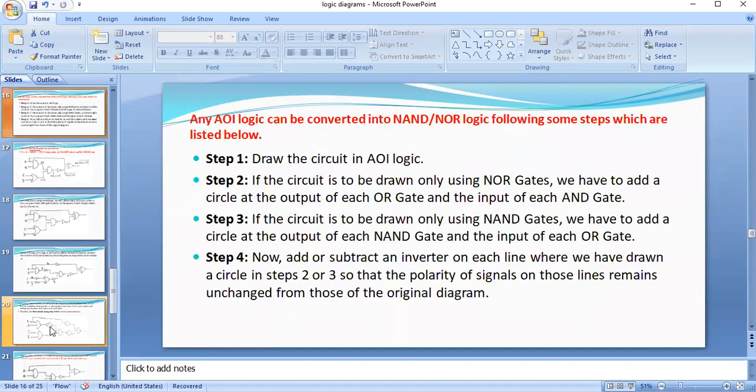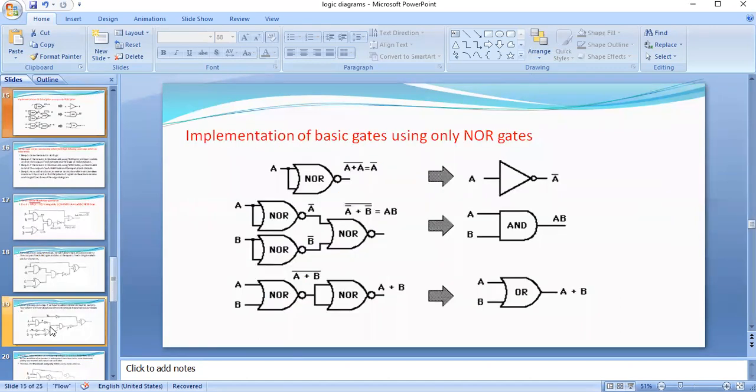After that, how can we convert the AOI logic? Till now we discussed how we can realize the basic gates using NAND gates, how we can implement an inverter using either NAND or NOR, and similarly an AND gate using NAND or NOR.